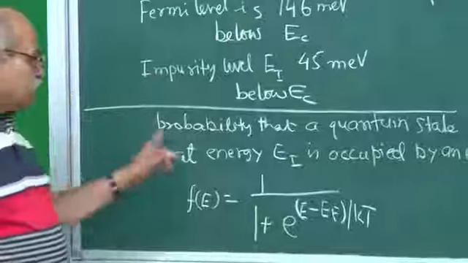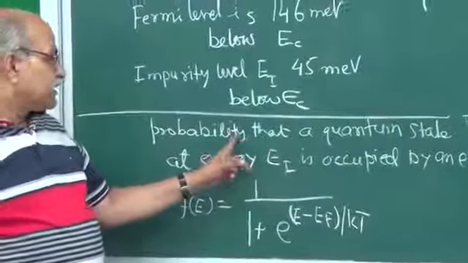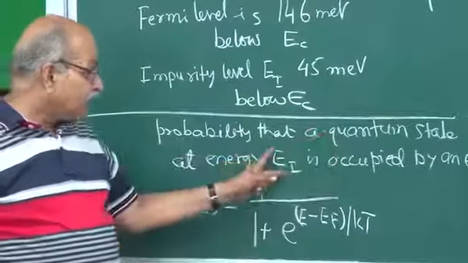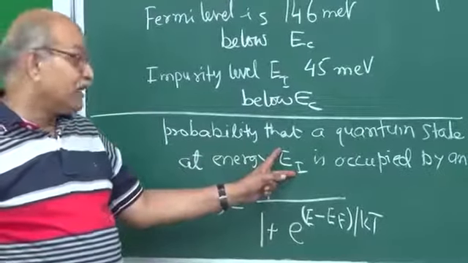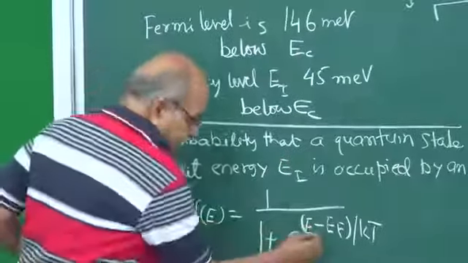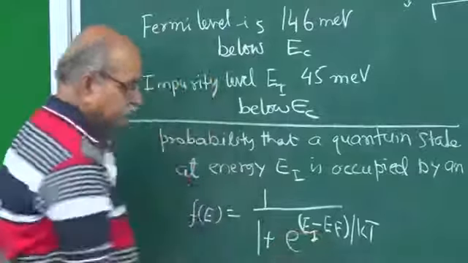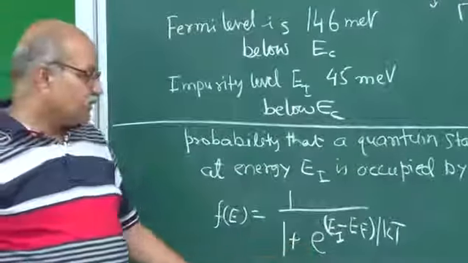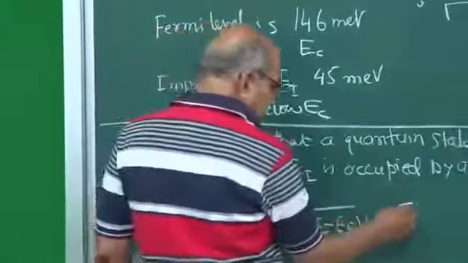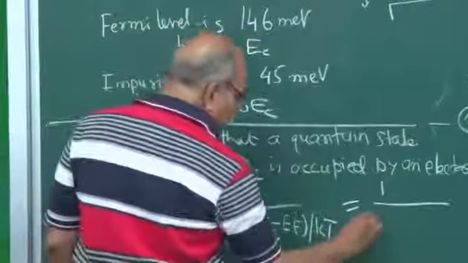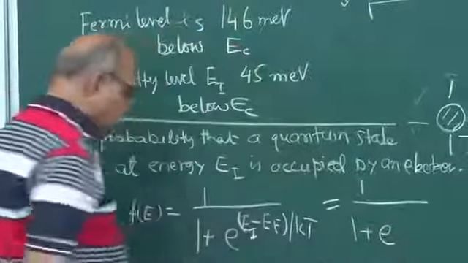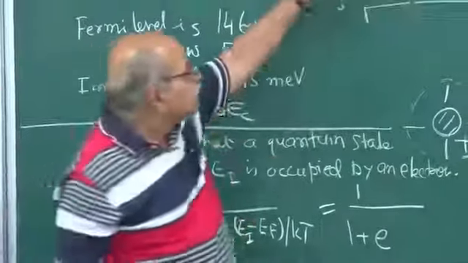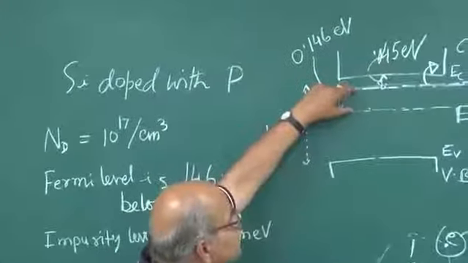Since I am looking for the probability that a quantum state at energy EI is occupied, this E here is nothing but EI. So this is 1 over 1 plus e power (EI minus EF) over kT.